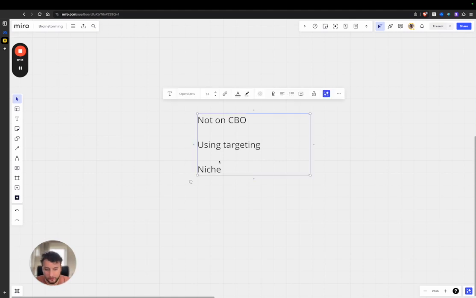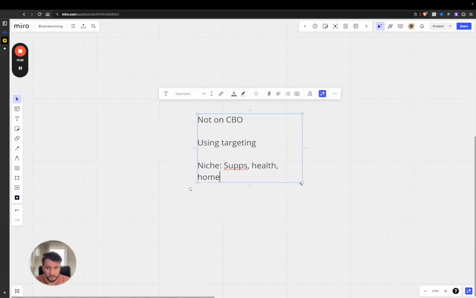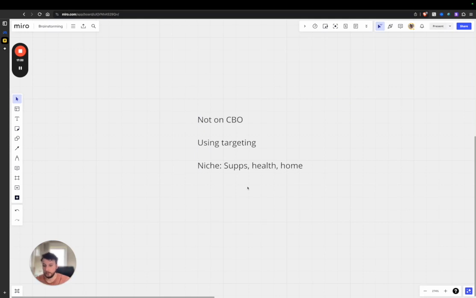A few niches we often see this in: supplements, health, home. These are big niches, and there's a lot of money in these. So if you're selling perhaps a protein bar and you have a really high CPM, oftentimes it's because you're being put in the supplement and health niche with people selling extremely expensive health services and products, and they can afford a way higher cost per acquisition than you can.